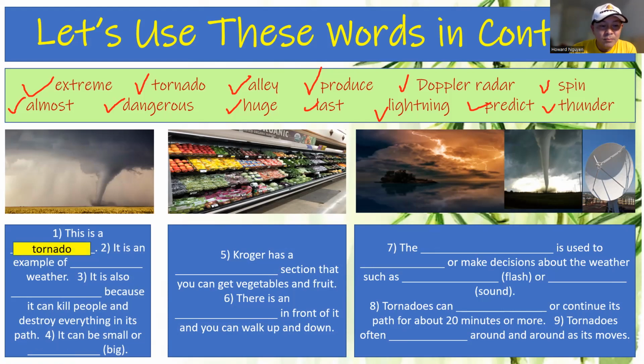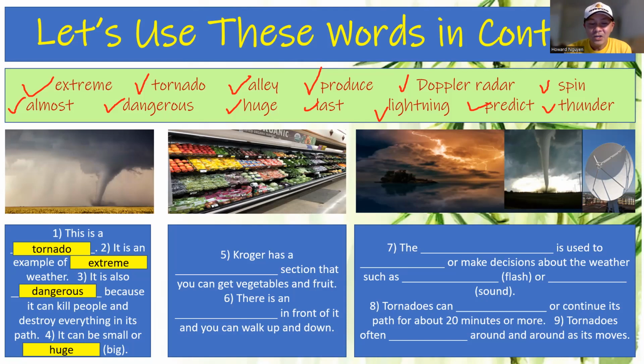It is an example of extreme weather. It is also dangerous because it can kill people and destroy everything in its path. So it's moving, that is the path. It can be small or huge. Huge means big, large, synonyms.